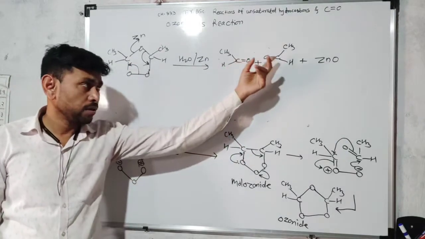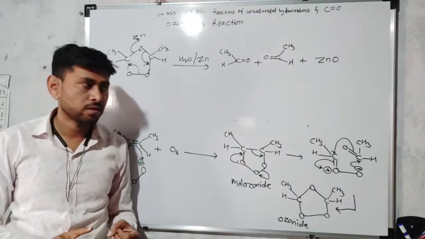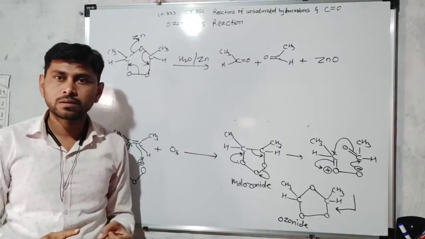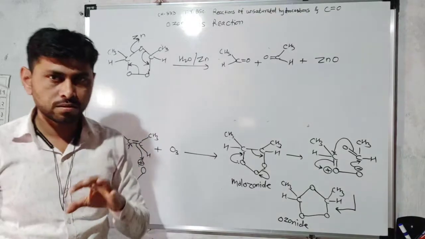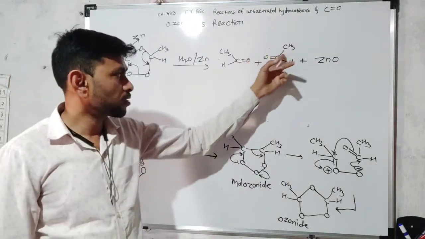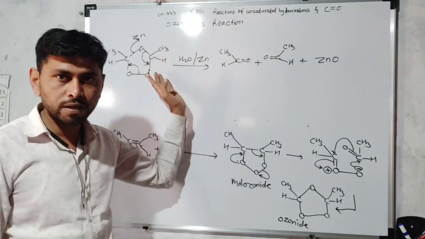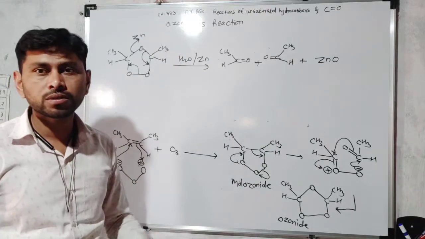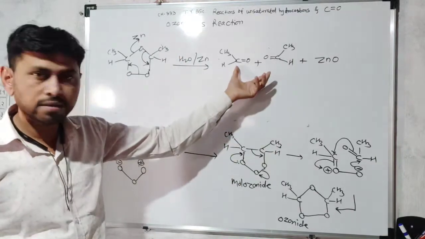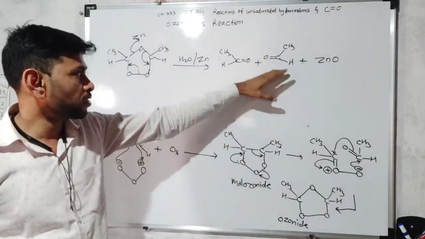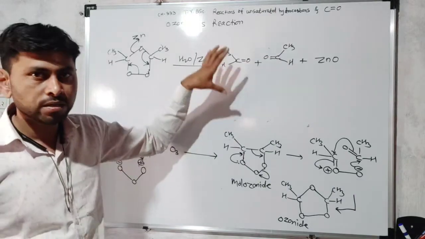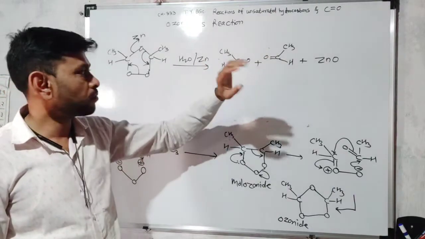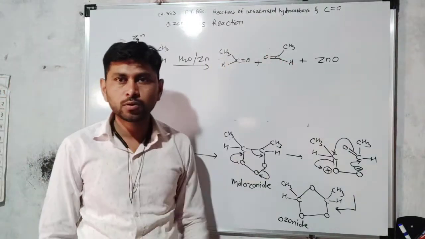Whether aldehyde formation or ketone formation occurs depends on the substituents in the structure. The structure of the alkene decides which compounds will form as a degradation product. So here, two aldehydes are obtained, sometimes two ketones may be obtained, sometimes one aldehyde and one ketone may be obtained.